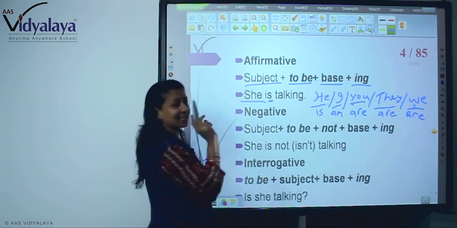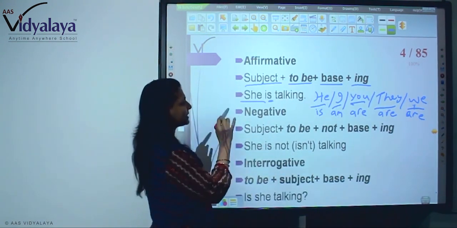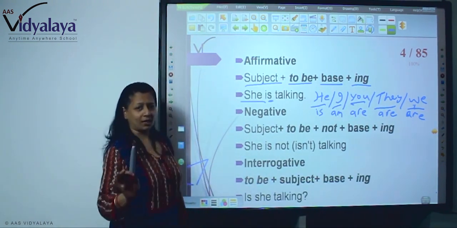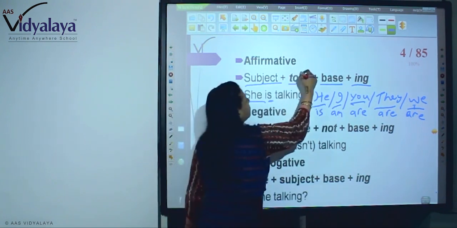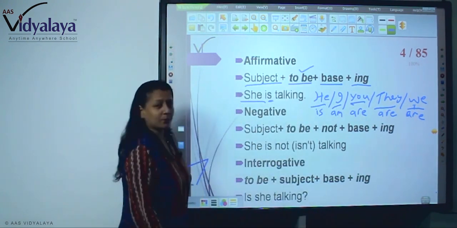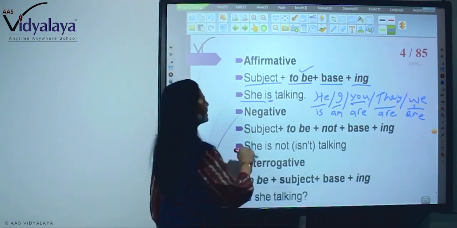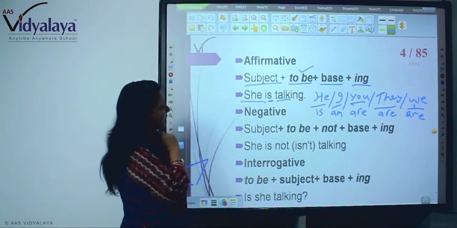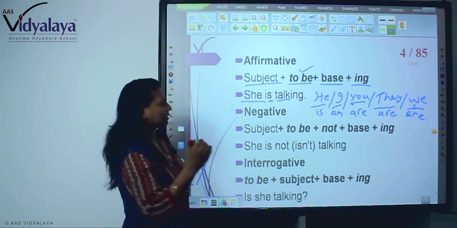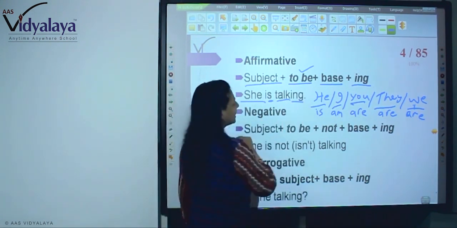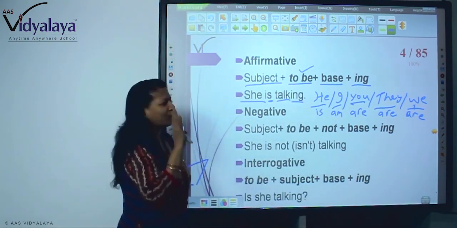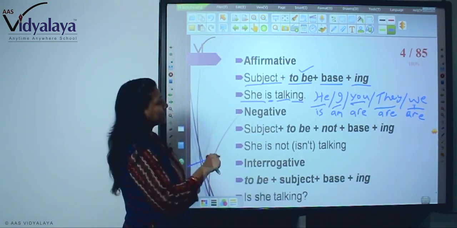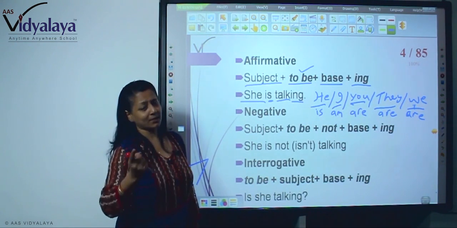According to the person and the number, this to be changes. Then base. What is base here? Talk. Talk is base. Now plus ing. So easy to make an affirmative sentence: subject plus to be plus base plus ing.